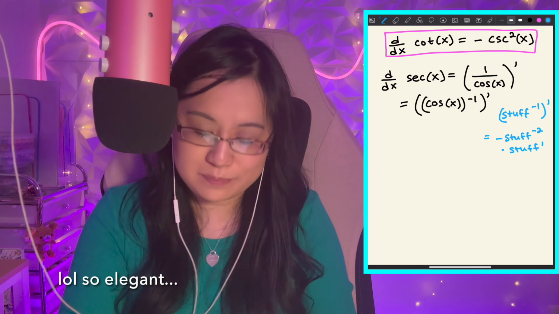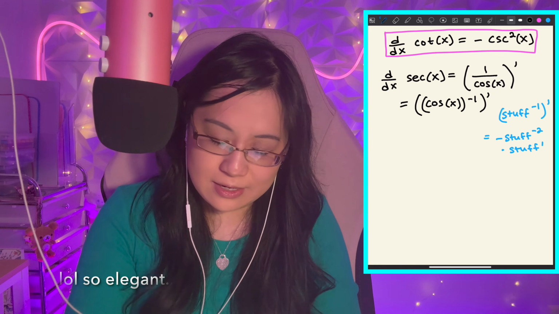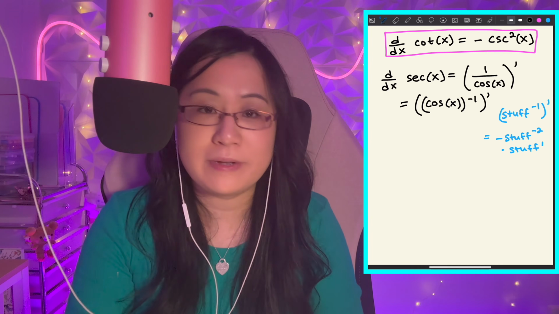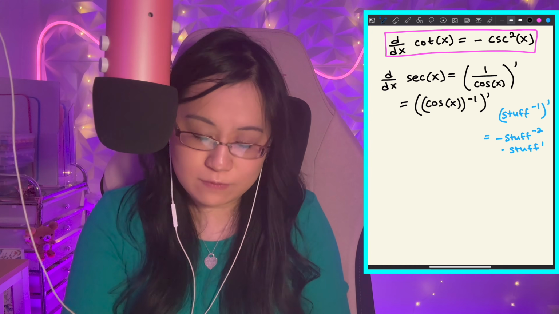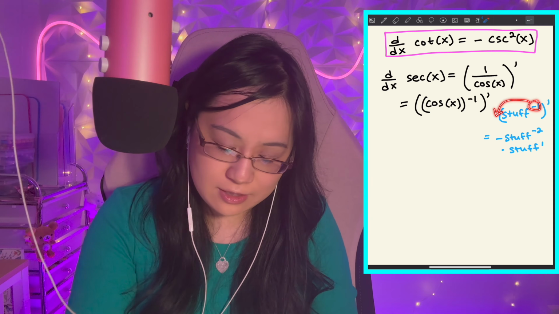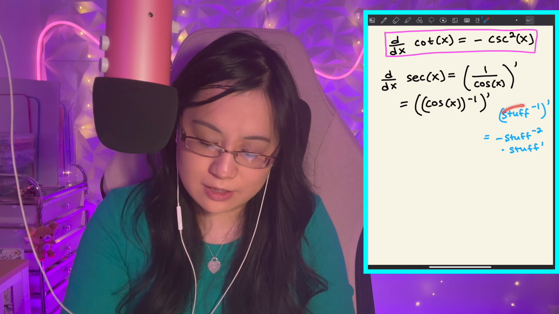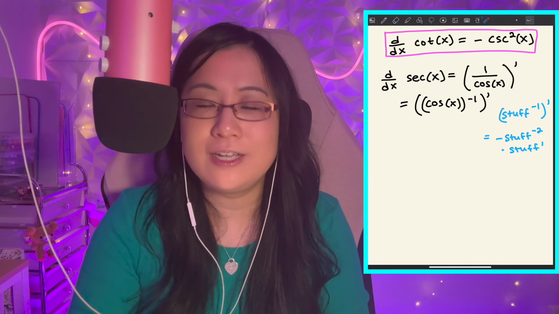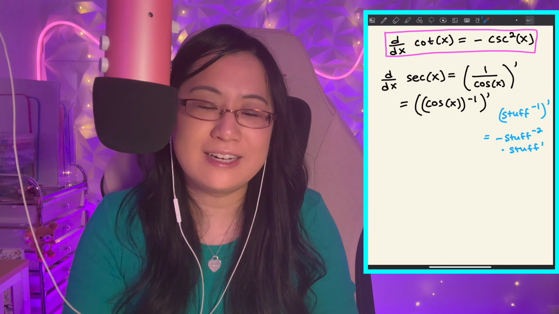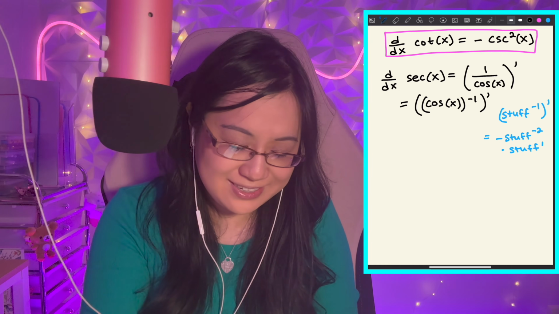Does that make sense? Probably not, but it's basically, if this were x to the power of -1, then I could just use the power rule with the power of -1. So I bring this in front here, and then I reduce that by 1, so it would be negative stuff to the -2. But because this is not x, I have to take the derivative of that stuff. Of course, there's a more formal way to write out the chain rule, but this is basically what we're doing, okay?